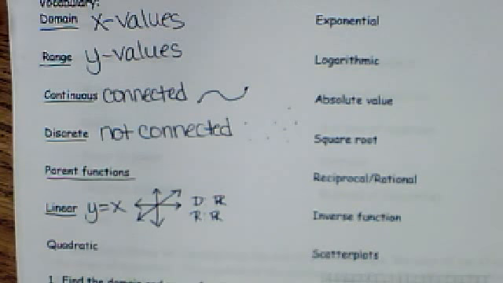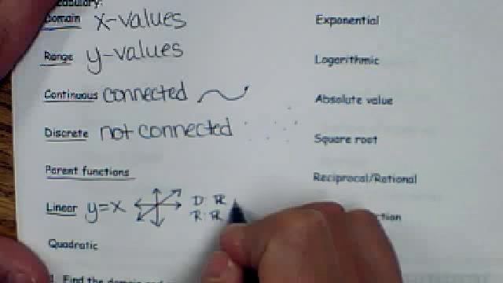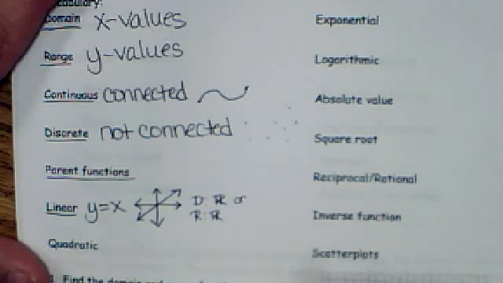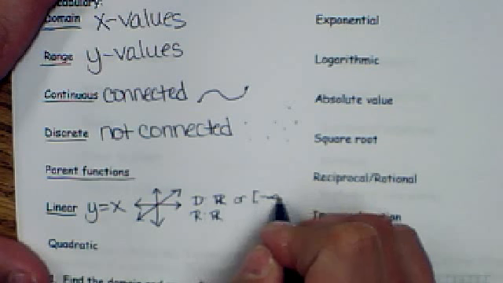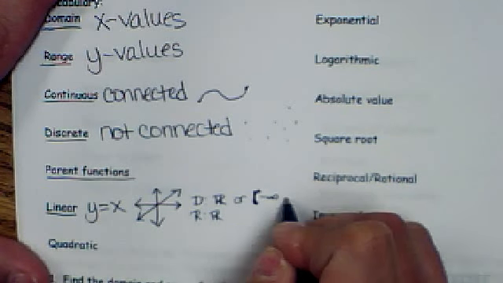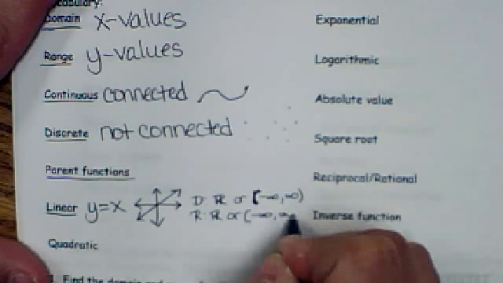The domain goes on and on to the left and to the right in both directions. The range goes on and on, up and down, with no restriction. So in words, it's all real numbers, or we can write it with an interval, and as an interval, they both would be negative infinity, and they both get parentheses, negative infinity to positive infinity. And again, those are parentheses.